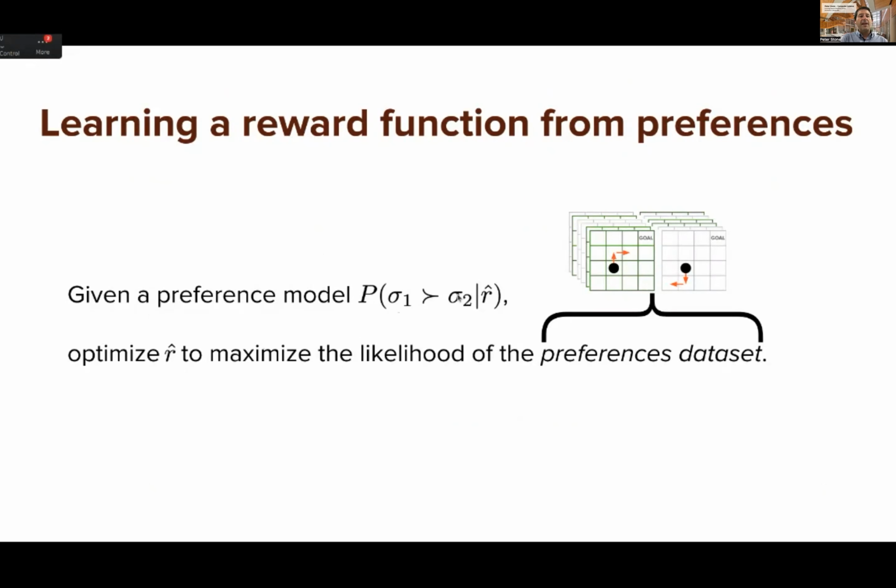Learning from preferences, your goal is, if you're given a bunch of pairs of examples where trajectory 1 is preferable to trajectory 2, can you infer the underlying reward function? And then you could do traditional reinforcement learning with that. So you want to optimize your estimated reward function to maximize the likelihood of the preferences that were expressed by the person.